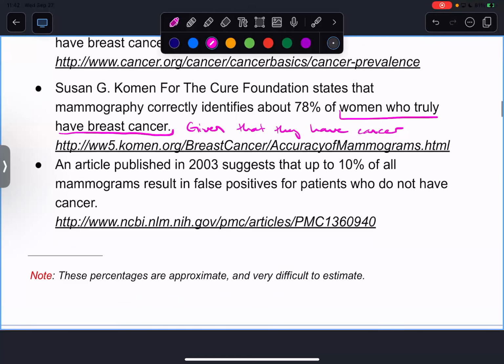And so same thing here. 10% of all mammograms result in false positives for patients who do not have cancer. Well, now we're given that they don't have cancer, but they tested positive. And so again, this is another clue: given that they do not have cancer.